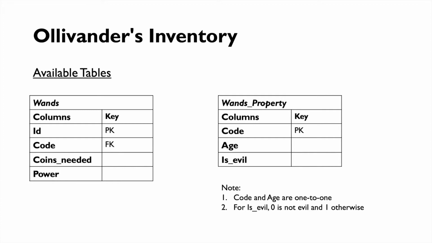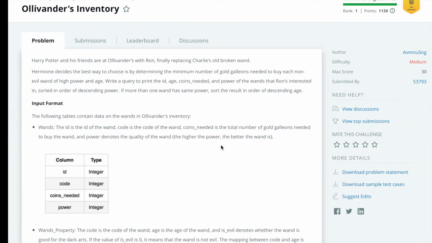For the is_evil column, 0 represents not evil and 1 represents evil. With everything set up, in this video I will introduce 2 kinds of solutions. One uses the window function, the other uses group by to solve this problem.